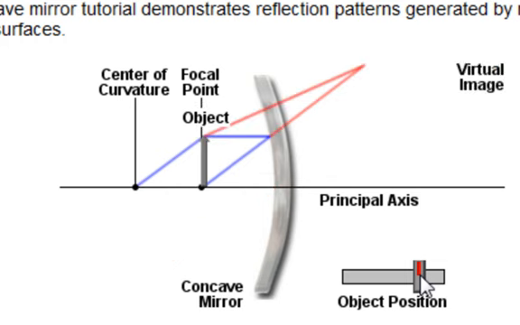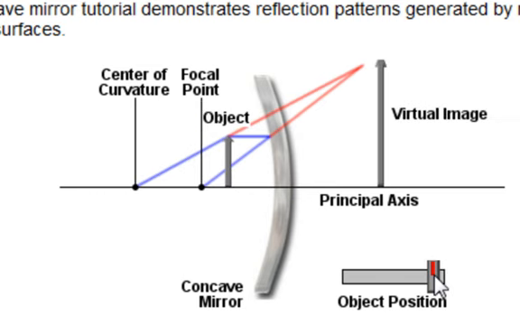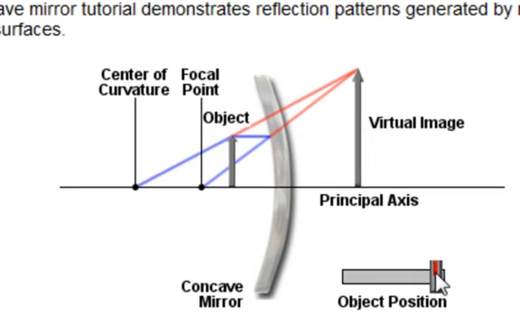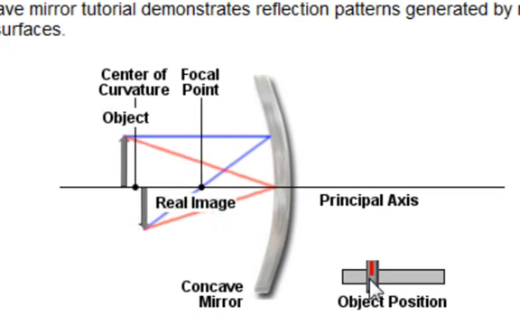And when I do that, then something magical happens, and the image stops being real and becomes virtual, and the orientation of the image changes as well. This is for a concave mirror. Convex mirrors will have different things happen. Convex and concave lenses will have different things happen to them as well. This is a special case for the concave mirror.